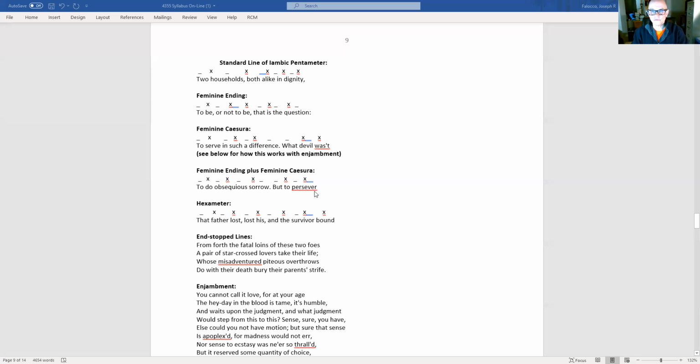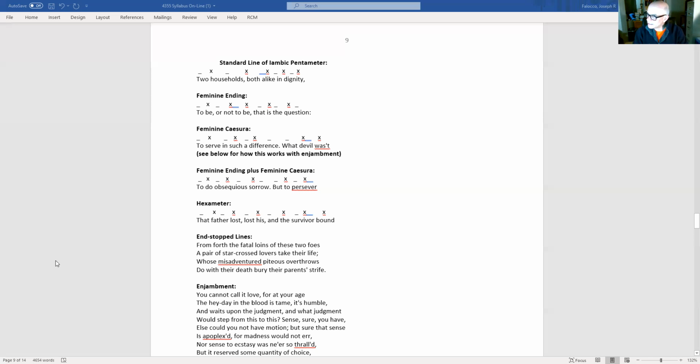Feminine ending plus feminine caesura. Then we have a hexameter, which is also a 12-syllable line, but it's iambically regular. It just has an additional sixth foot. "That father lost his, and thus survive" would be regular, so we just add an extra foot: "That father lost his, and thus survive are bound." That's a hexameter. So those are the exceptions.